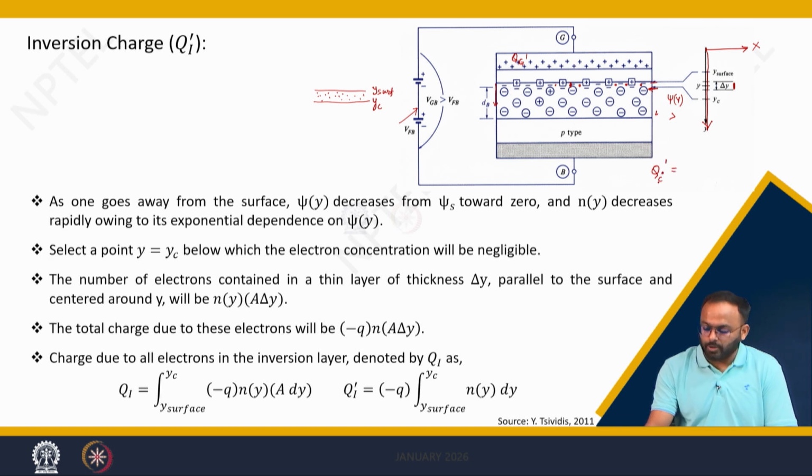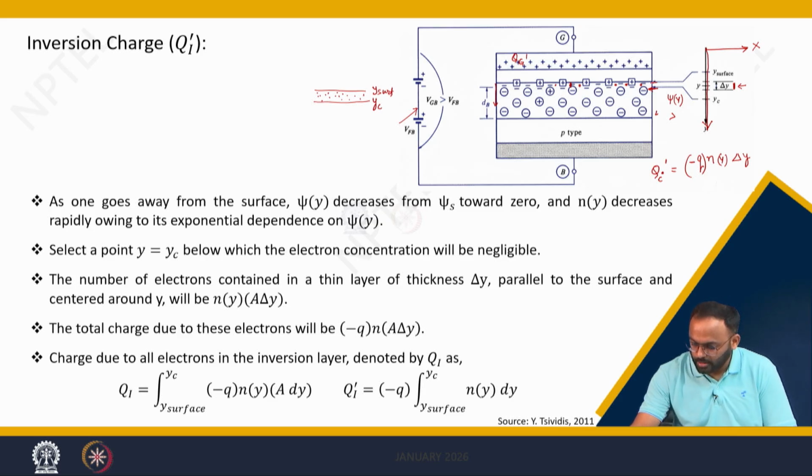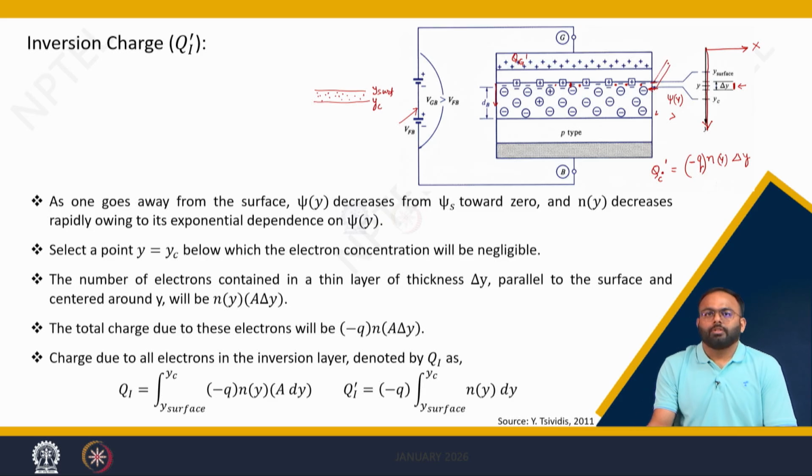The total charge present in a small incremental height of delta y can be given by ny into delta y into q with a negative sign, right, and this is a 3D structure. It means you need to multiply by area, so this will become the total charge. You need to integrate this charge from y surface to yc.